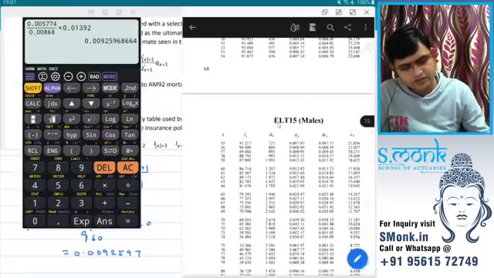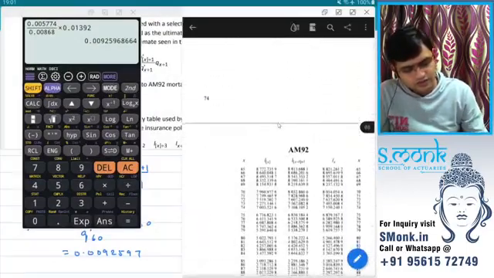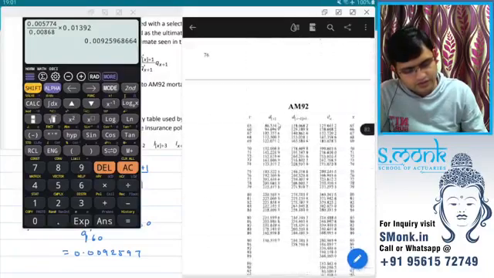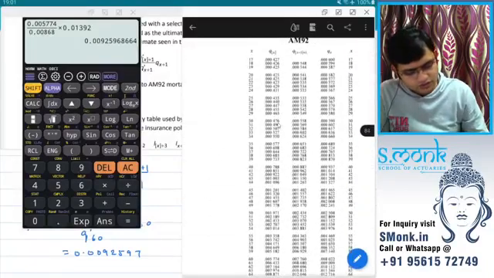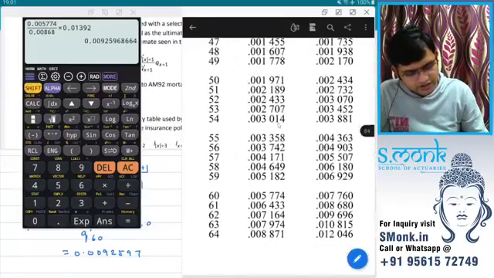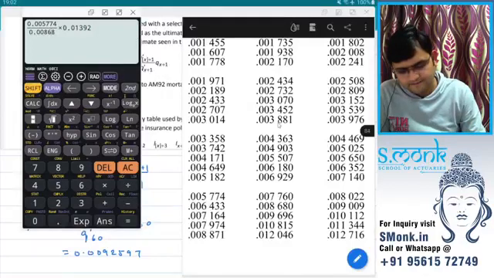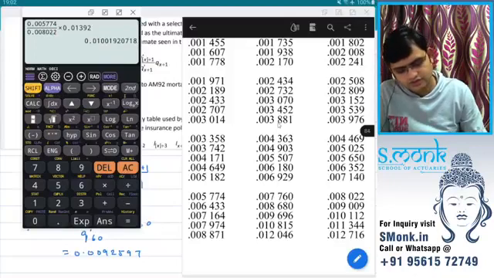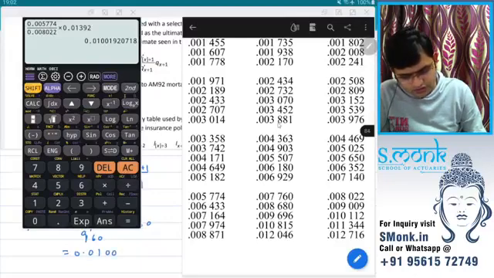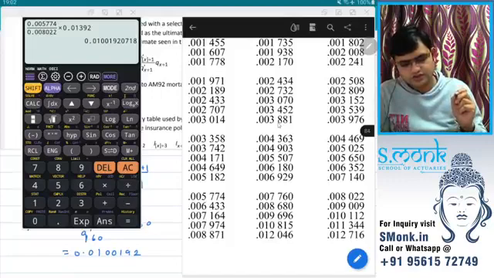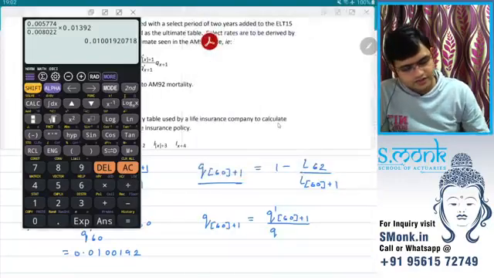Now take the correct value of AM92: Q select 60 and then Q ultimate 60. Ultimate 60 is the third column. Q ultimate 60 was 0.008022. So 0.0100192. This is what we'll get.